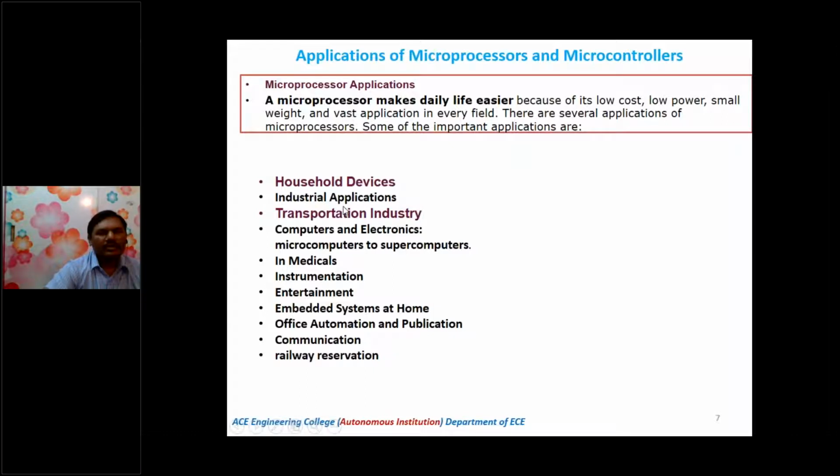For example, microprocessors and microcontrollers are used in household devices, industrial applications, the transportation industry, computers and electronics, microcomputers and supercomputers, medical applications, instrumentation, entertainment, embedded systems, office automation, communications, and so on.